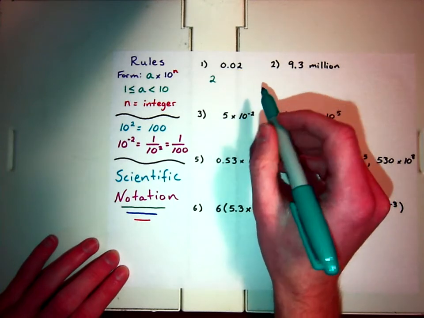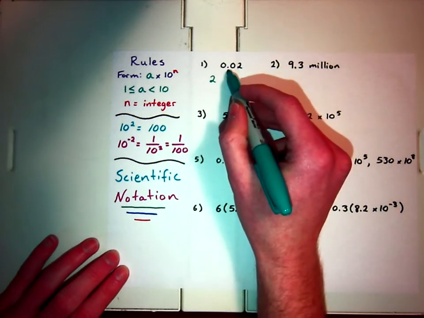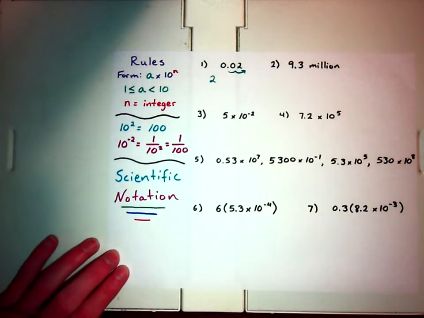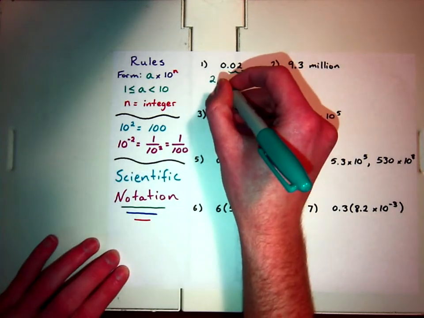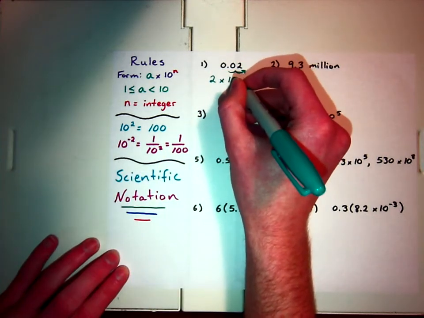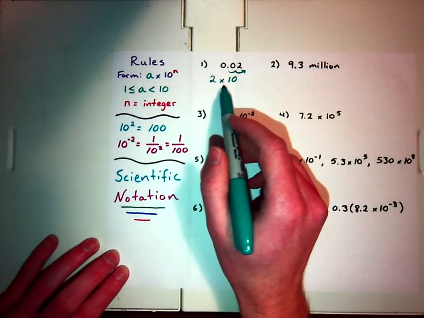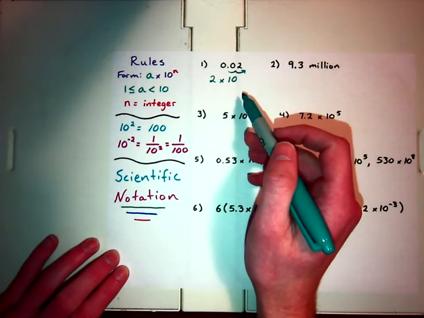And what we need to do is make this true, and so I could count 1, 2 place values here. Now I would move that decimal. And so I'll have 2 times 10, and I need to determine, will this be a negative exponent or a positive exponent? Well, if it's a positive exponent, then it's going to be 2 times something that's going to make it larger.